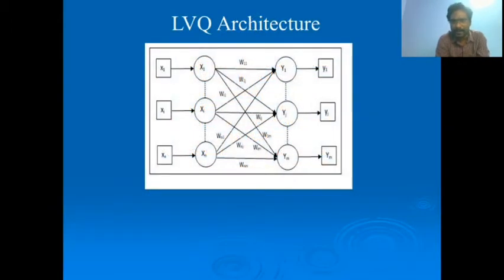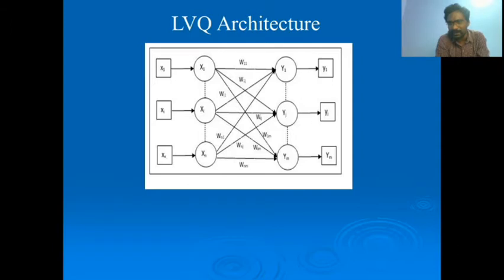So this is the LVQ architecture. How will an artificial neural network work here? The same thing is followed: competitive learning is applied, that is, supervised learning is applied. The input vector is applied at the input layer, the same kind of output is expected at the output layer, and then we need to check whether we are getting any deviation in the output or not.